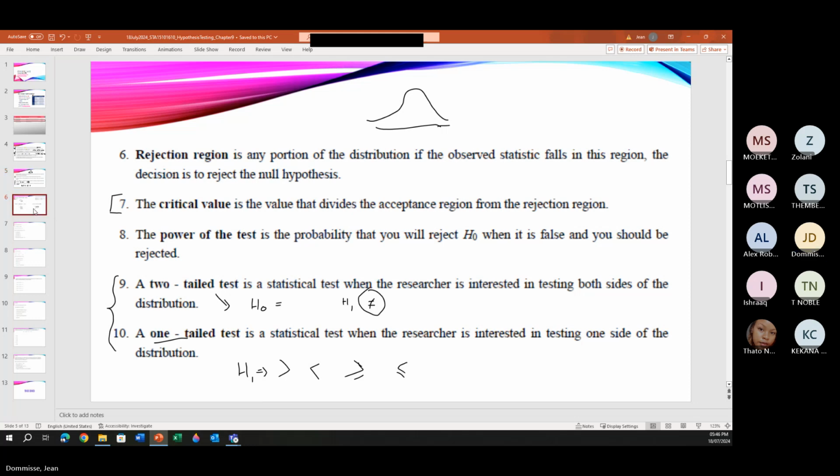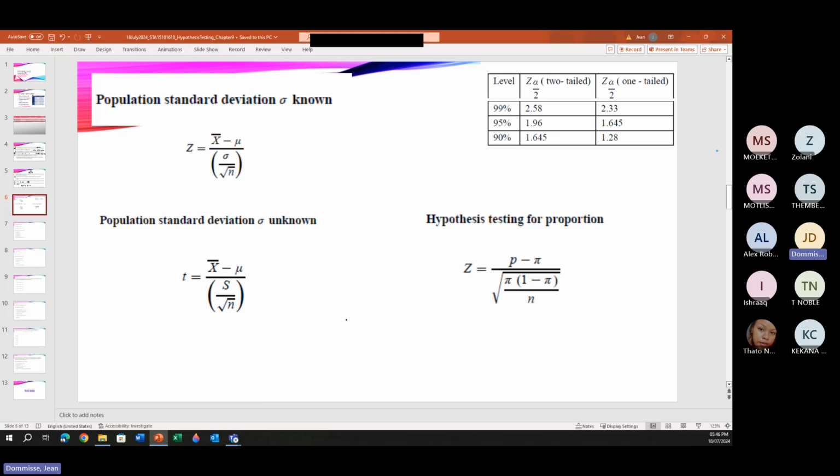Then just one thing again, for a Z test, so for where we know the standard deviation and where we work with proportion, we will use the Z test. And then just like in study unit 8, we can assume a few things.